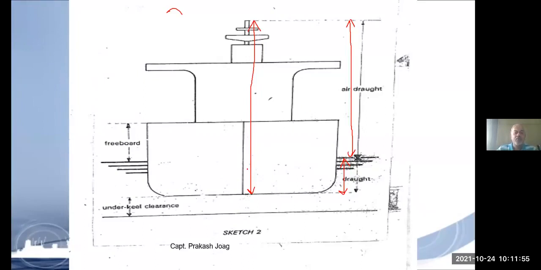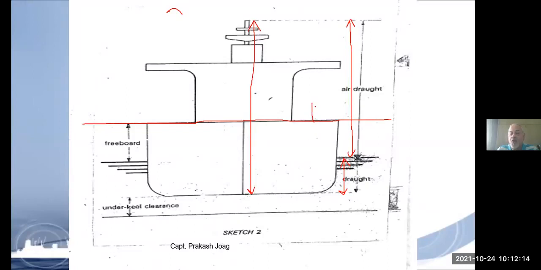Now from the water line till the main deck of the ship, this deck is called the main deck, meaning the maximum watertight area is at this deck.